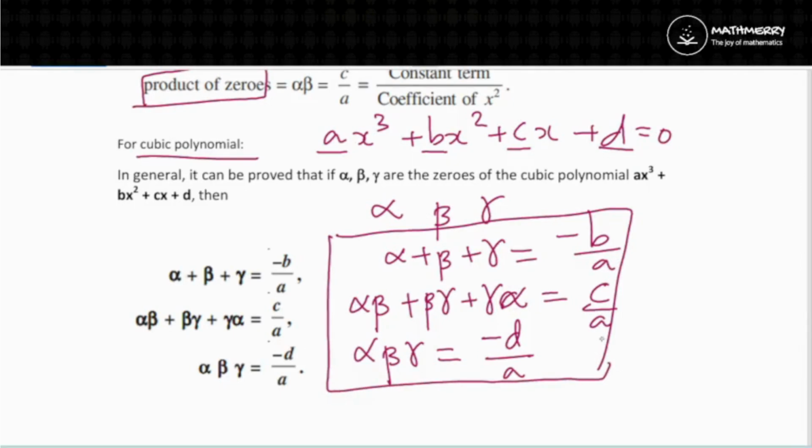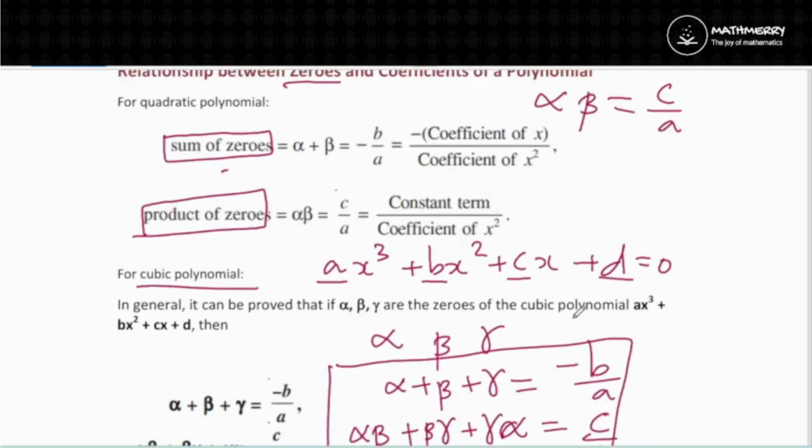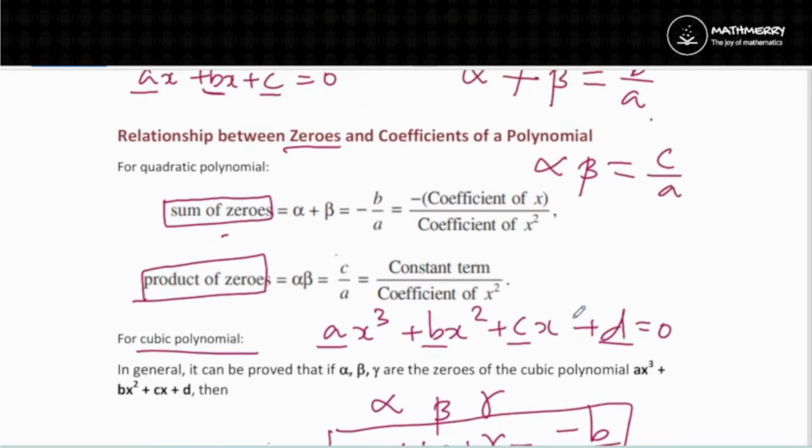The sum of the zeros is minus b by a, then alpha beta plus beta gamma plus gamma alpha is c by a, and alpha into beta into gamma is minus d by a. So these are the two sets of relationships between the zeros and the coefficients of the polynomial. One is for the quadratic polynomial and the other is for the cubic polynomial.